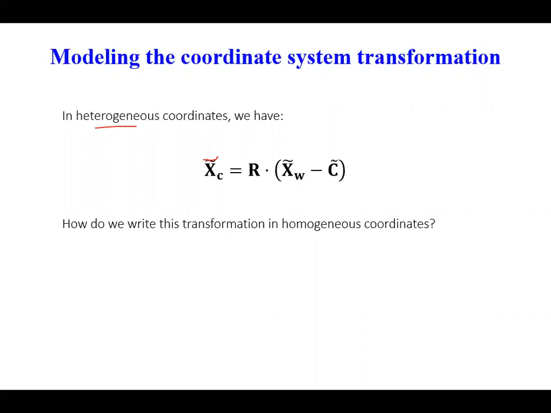But how can we write this transformation in homogeneous coordinates? So again, I took my point, translate, and then after translating, I rotate. I got my xc, and I'm expecting that xc will match or will be aligned with xw. But how can I write something like that in the homogeneous coordinates?